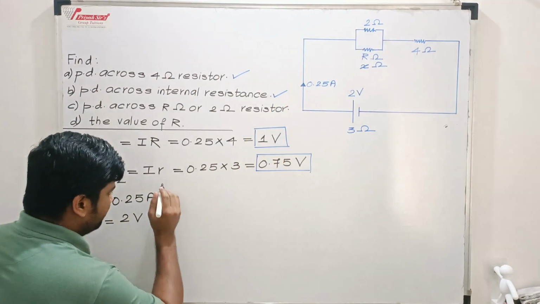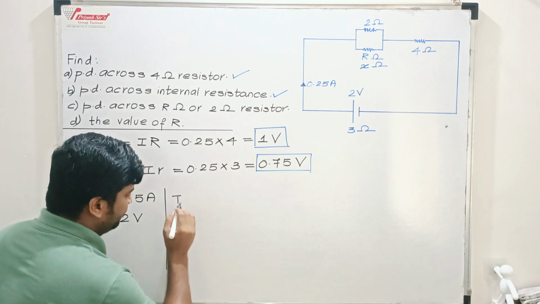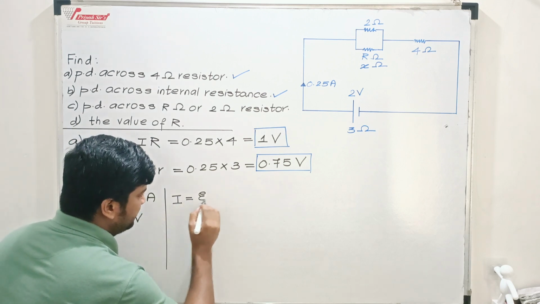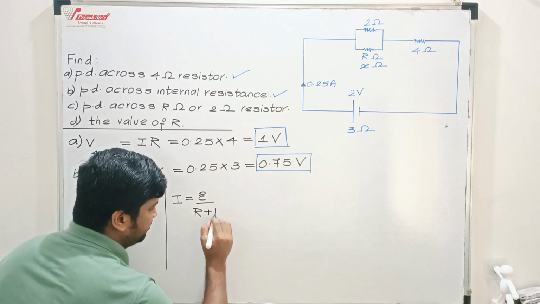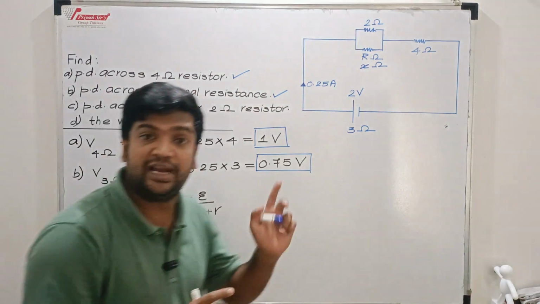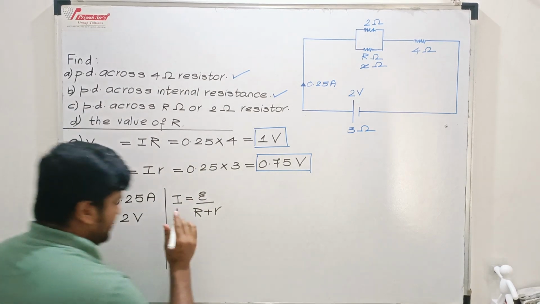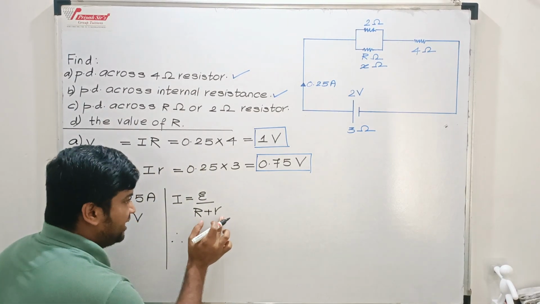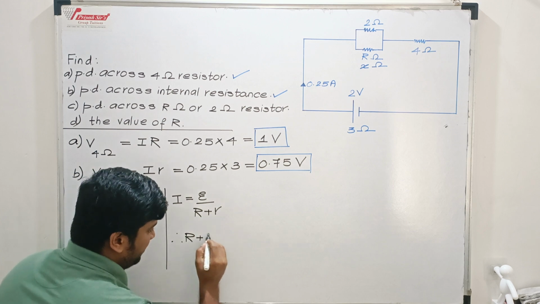That is given by the formula I equals EMF divided by capital R plus small r, that is external resistance plus internal resistance. Now, R plus r, if you bring it here, division becomes multiplication.